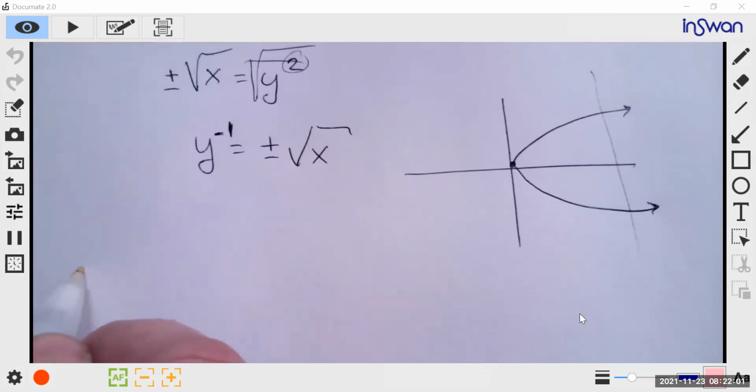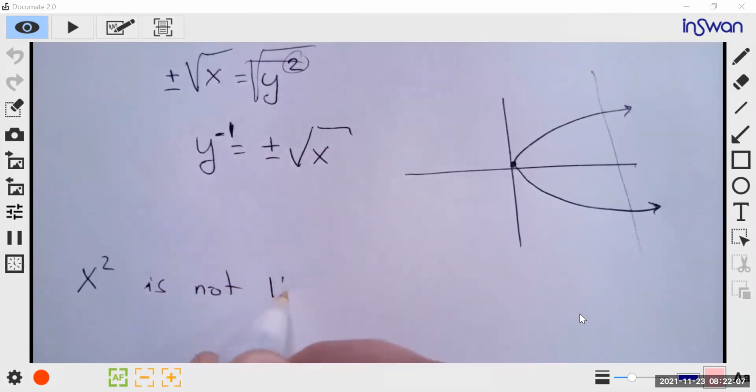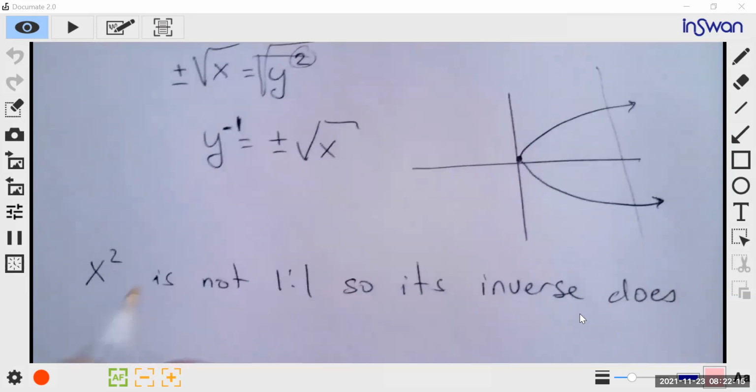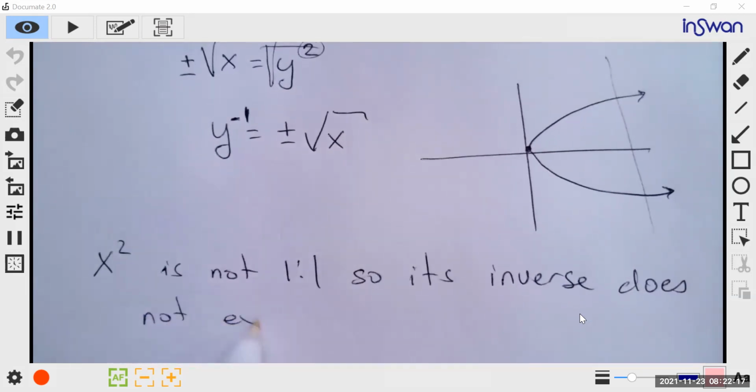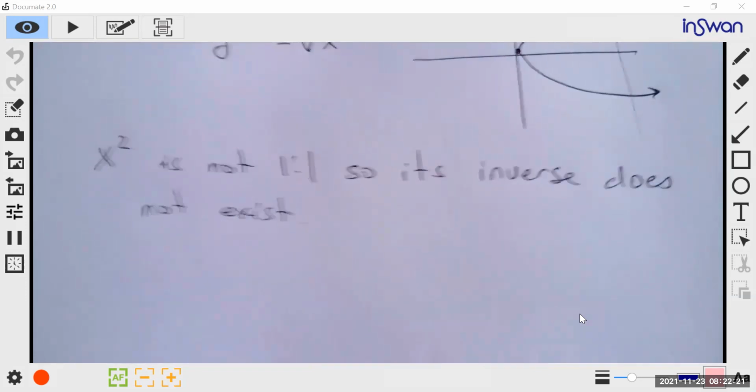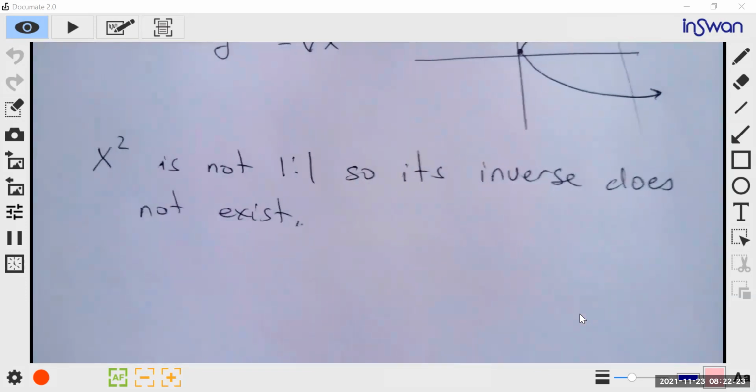So x squared is not one-to-one. So its inverse does not exist. But we can make it exist.